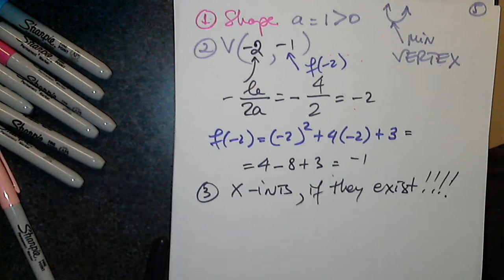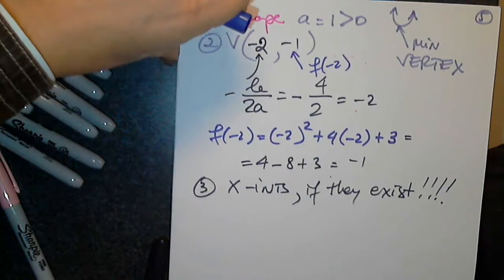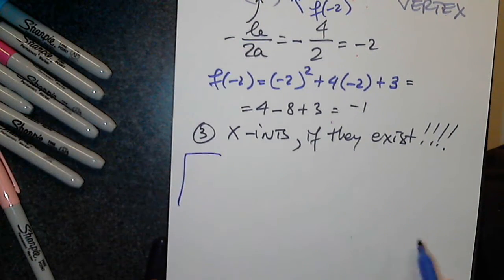So we can already picture the graph, right? Because the vertex is at negative 2 comma negative 1. Does this graph cross the x-axis or not? Yes. It's clear, because the minimum is below the x-axis. Exactly.